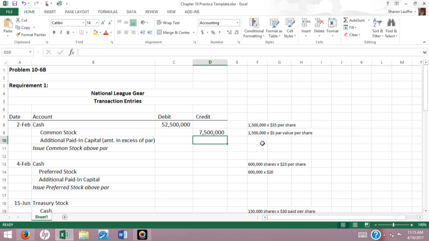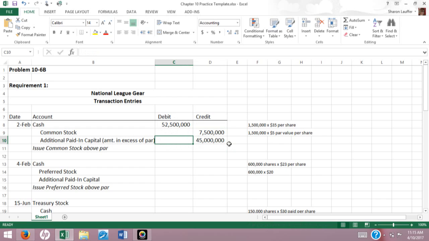So we're going to record the difference in the debits and credits here. You can use a plug to do that. That's $45 million. And that's the amount that it takes to get our credits up to $52,500,000, which is how much in debits we have.